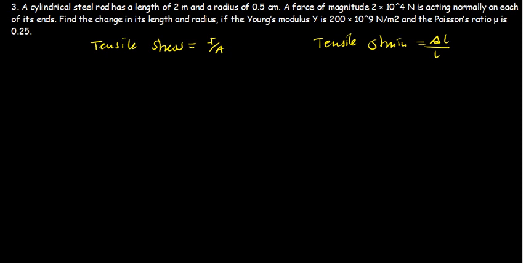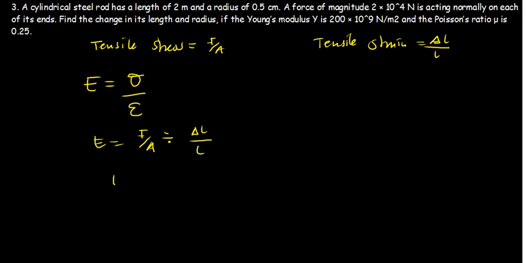But we also know Young's modulus. Young's modulus is given by tensile stress over tensile strain, giving us Young's modulus equal to force over area divided by tensile strain, which is change in length over actual length.